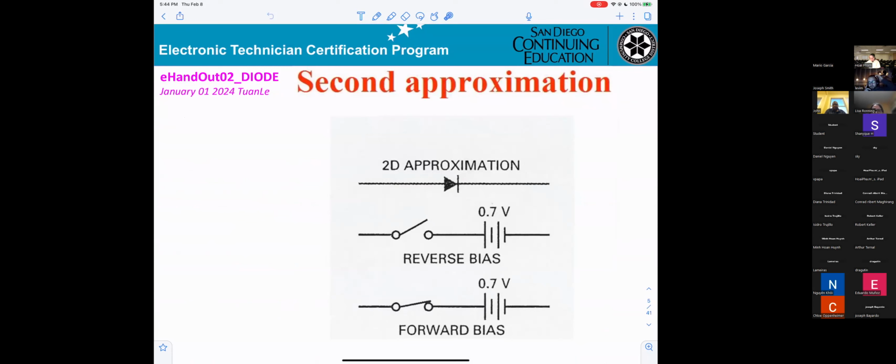Second approximation. That means the diode will be substituted by a battery. When you want to solve the problem, you cannot see the diode anymore.